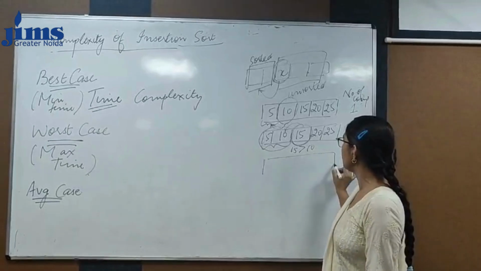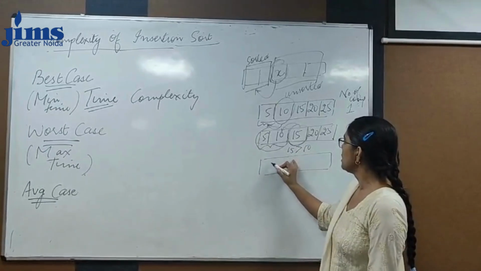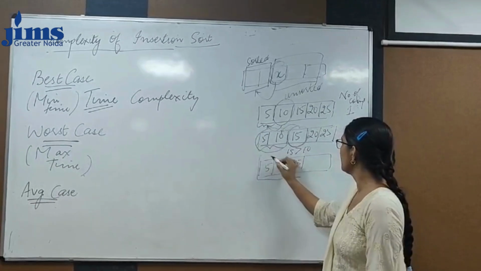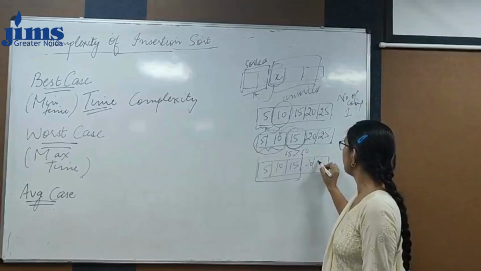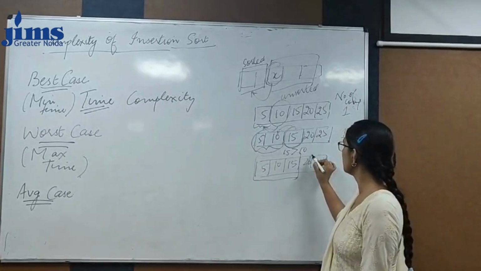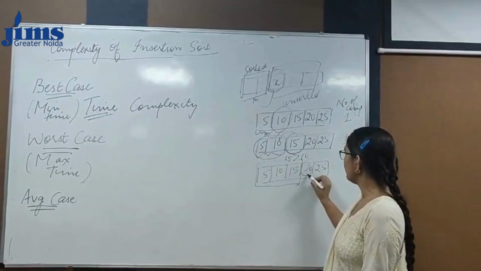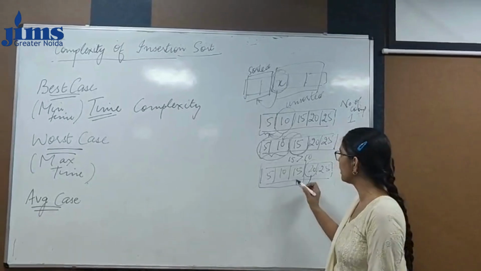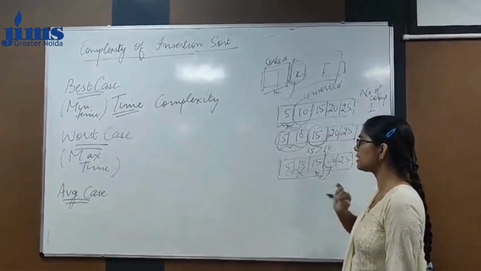Similarly, what will happen with 20 now? This is my sorted array, 5, 10 and 15. This is the sorted portion, and 20 and 25 is the unsorted portion. Now is the turn of 20 to get inserted. It will be compared with 15. Again 20 is greater than 15, so it will be greater than 5 and 10 also, so no comparison with these two values.